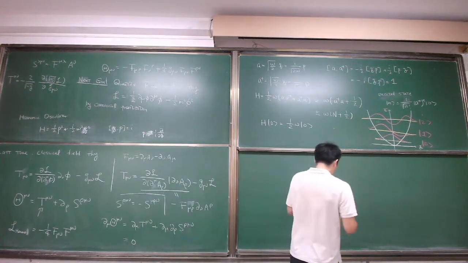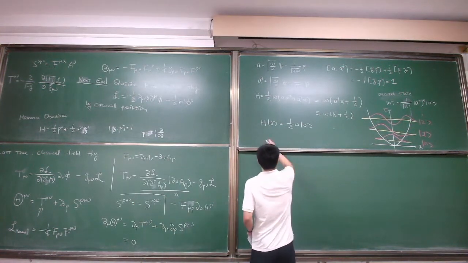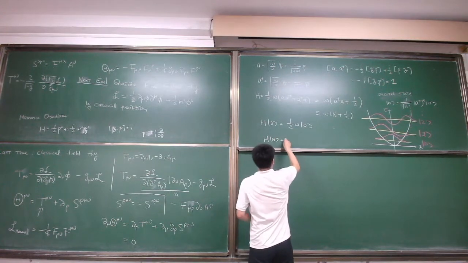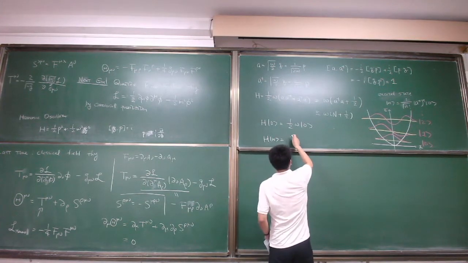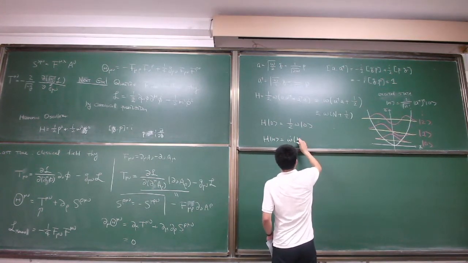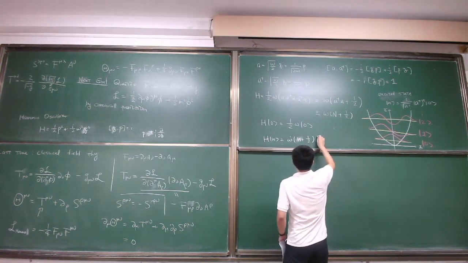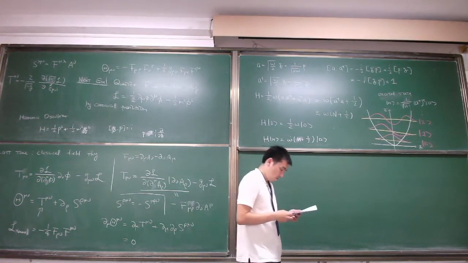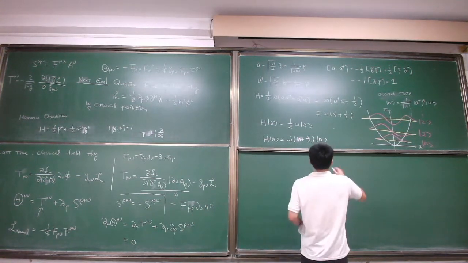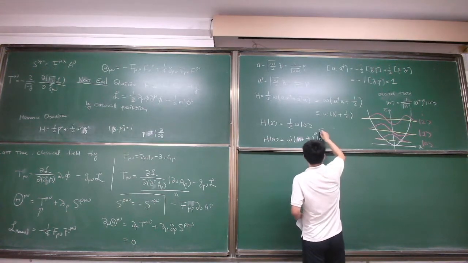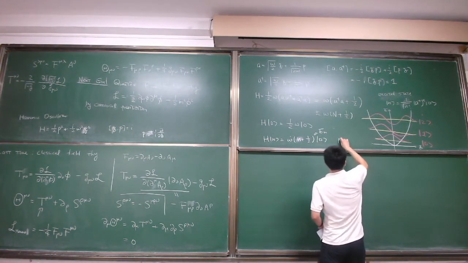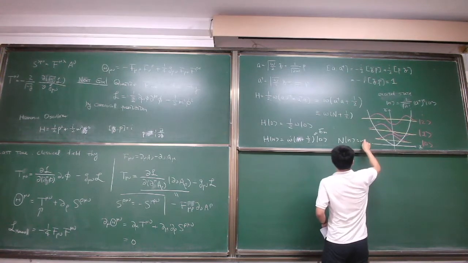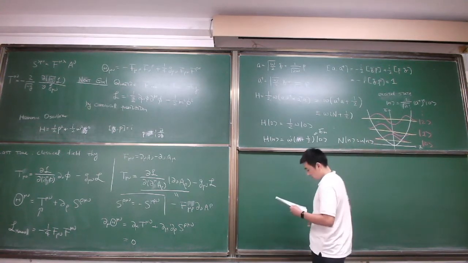Then the Hamiltonian acting on the excited state gives omega times (n plus 1/2). So this is the energy eigenvalue for excited states, which we sometimes call E_n. You all know. So the number operator acts like this.